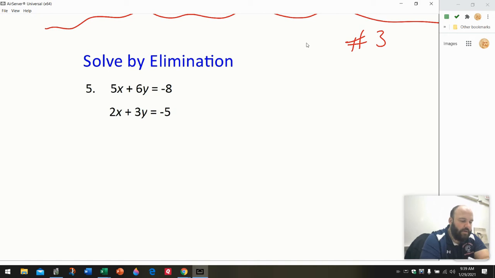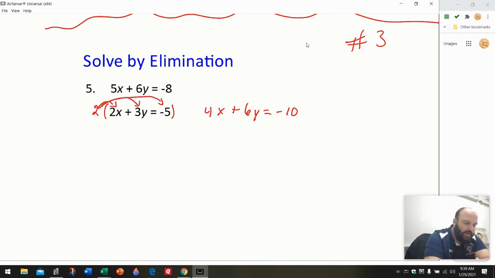So what we're going to do here is that we can turn a 3 into a 6 by multiplying it by 2. So that's what I'm going to do. I'm going to take this equation, I'm going to put a set of parentheses around it, and I'm going to multiply the entire equation by 2. Now, you'll see what this accomplishes after I draw my arrows, but we get 4x plus 6y equals -10.